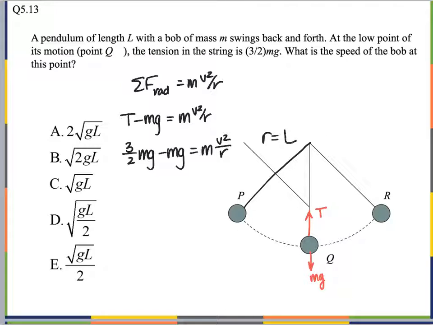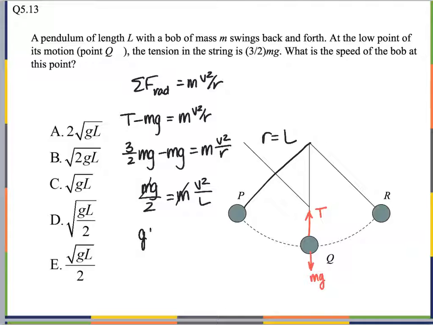R is equal to the length of the string, so we're going to substitute that eventually. On the left-hand side, when we get 3/2 mg minus mg, we get mg over 2, and that's equal to mv squared over L. The masses will cancel.